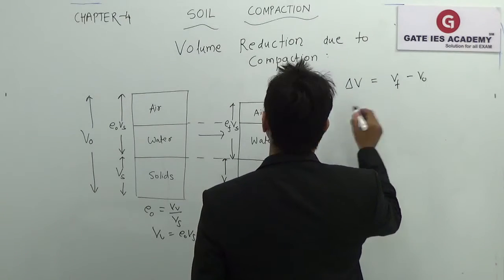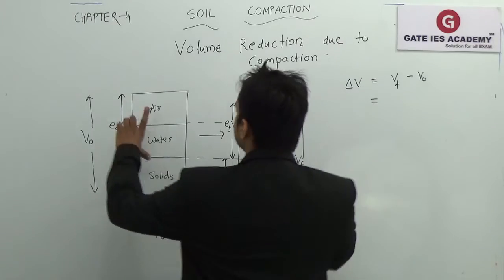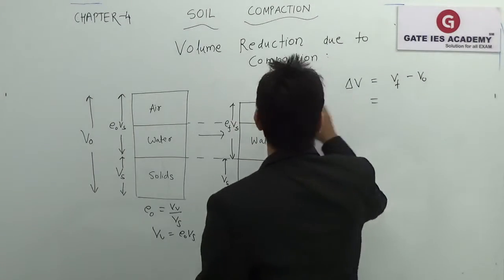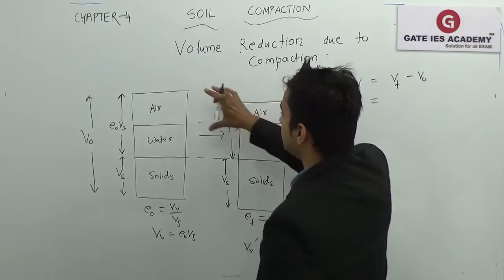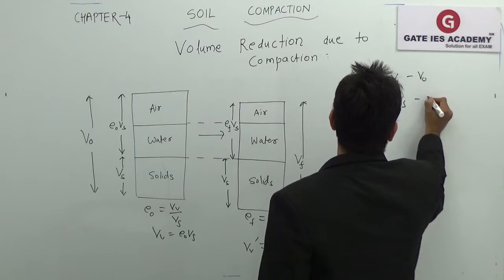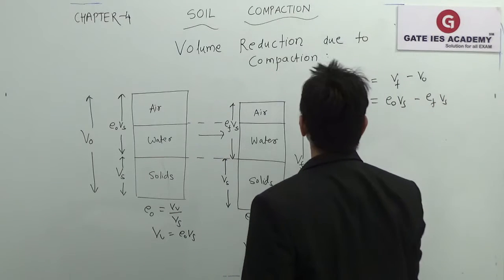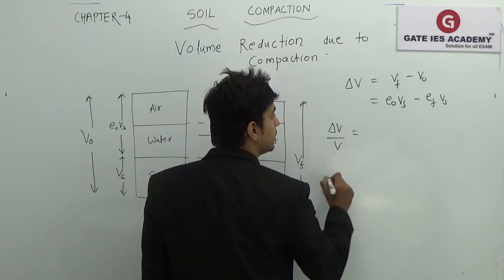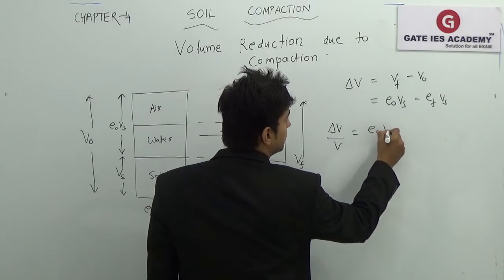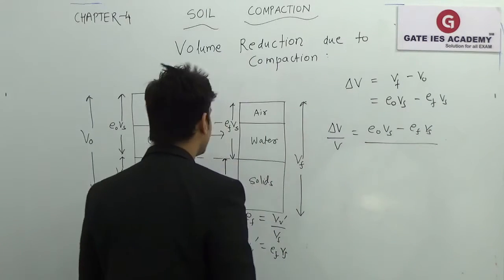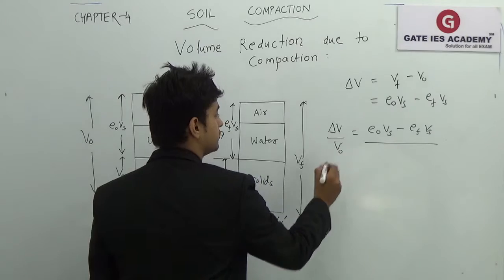Now net delta V will be equal to V final minus V naught, and that is the change in e naught Vs and ef Vs, because it is equal to the change in the voids only. That is e naught Vs minus ef Vs. If I want to calculate delta V by V, that will be e naught Vs minus ef Vs upon the initial volume, which we have to consider.